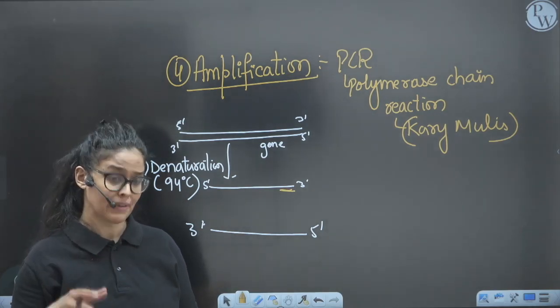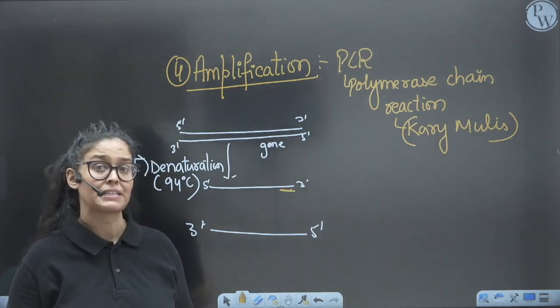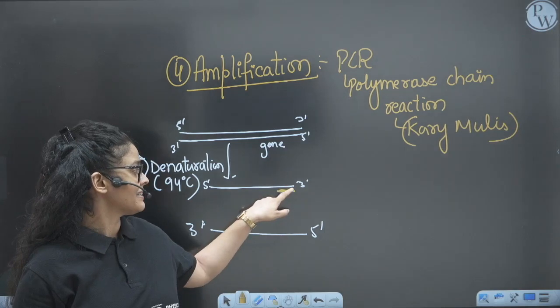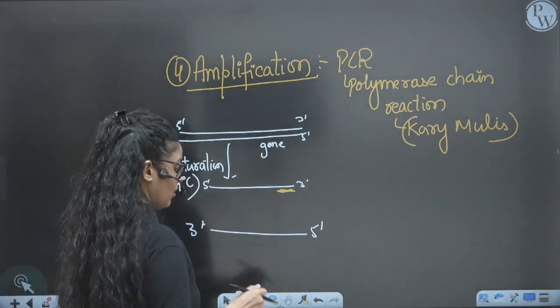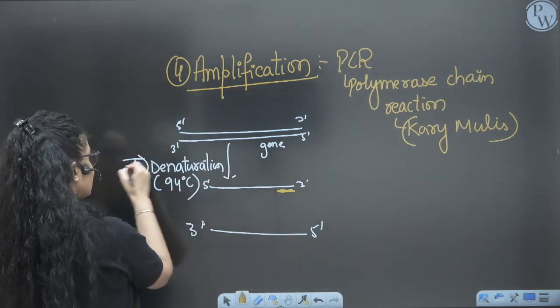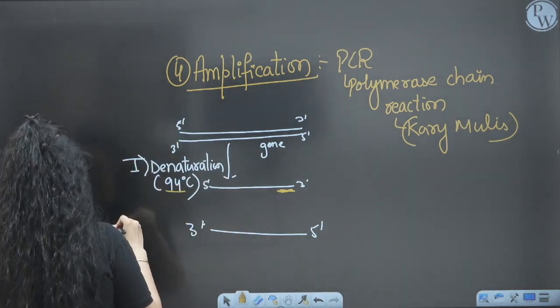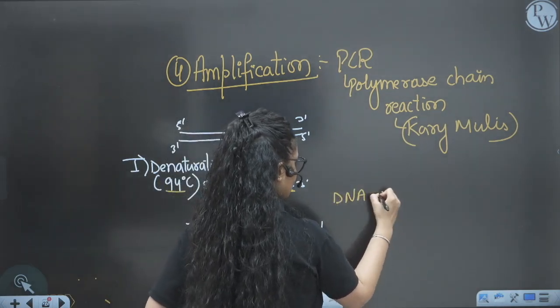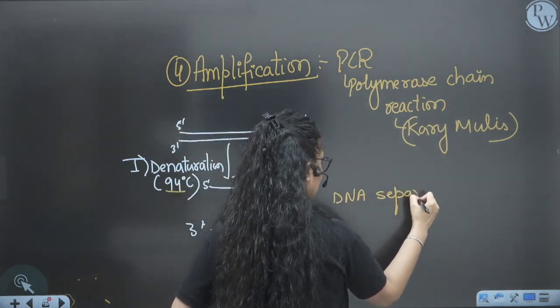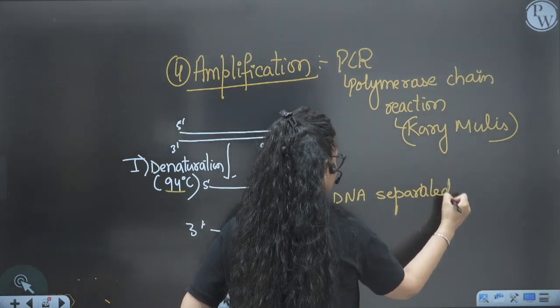You have to remember that in the artificial PCR replication, we need single-stranded complementary DNA, right? So the first step is denaturation at 94 degrees Celsius, where DNA is separated into single-stranded DNA, right?